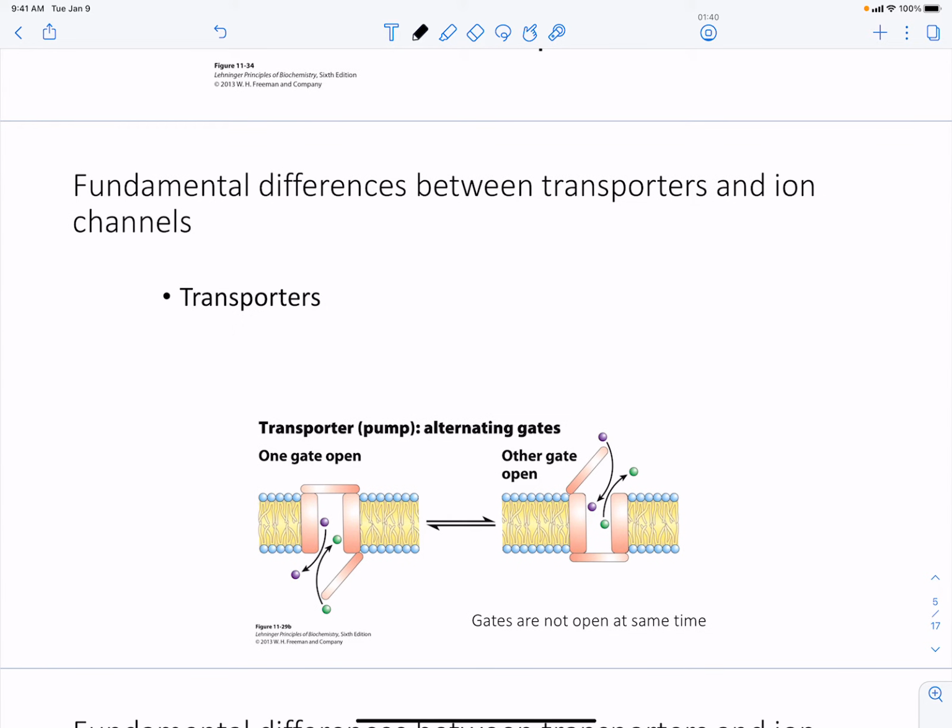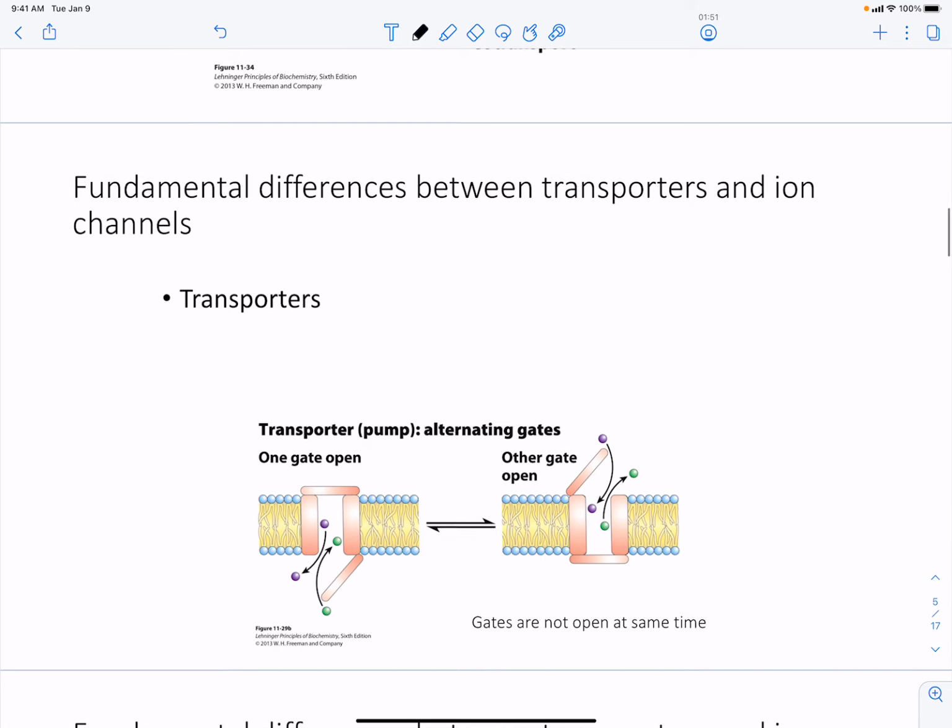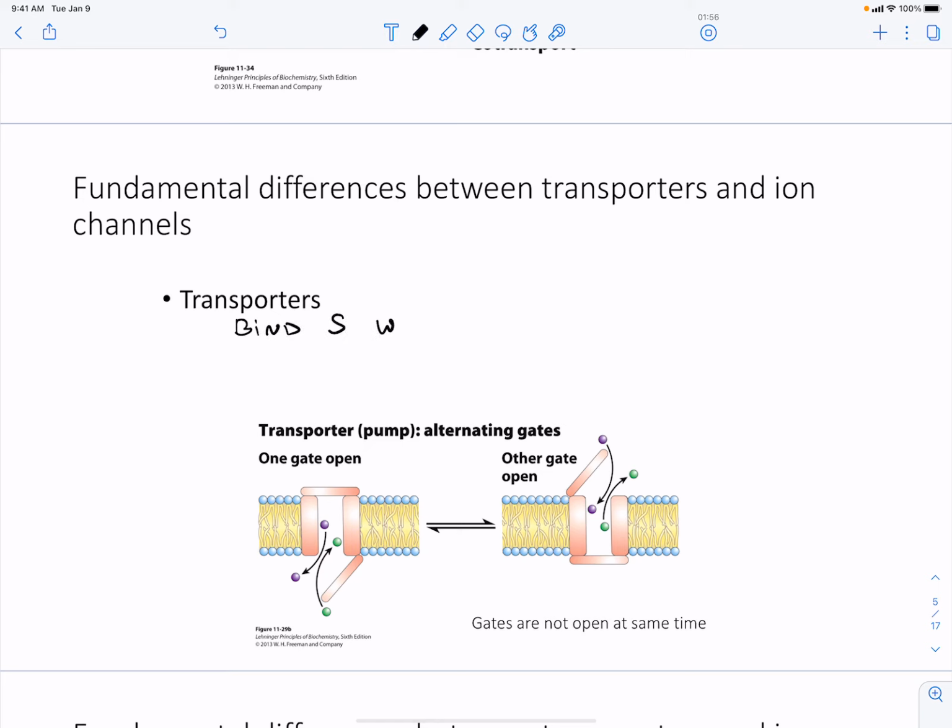Now, our fundamental differences between our transporters and our ion channels that we've talked about. So, transporters are going to bind substrates with high specificity. Whatever is going to take the substrate across the membrane is very specific for that substrate.